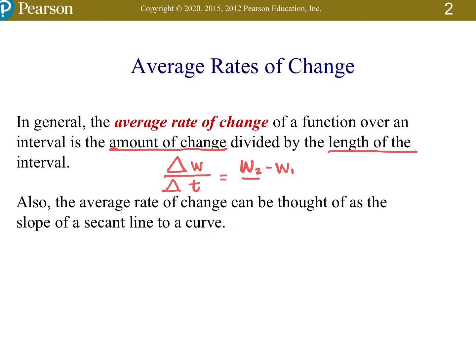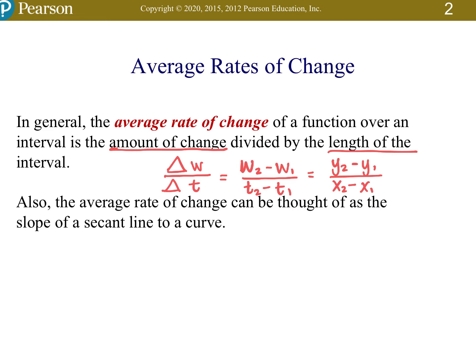And this would be over a T2 minus a T1, the second time minus the first time. But the variables are irrelevant, okay? We also can see this as a y2 minus a y1 over an x2 minus an x1.